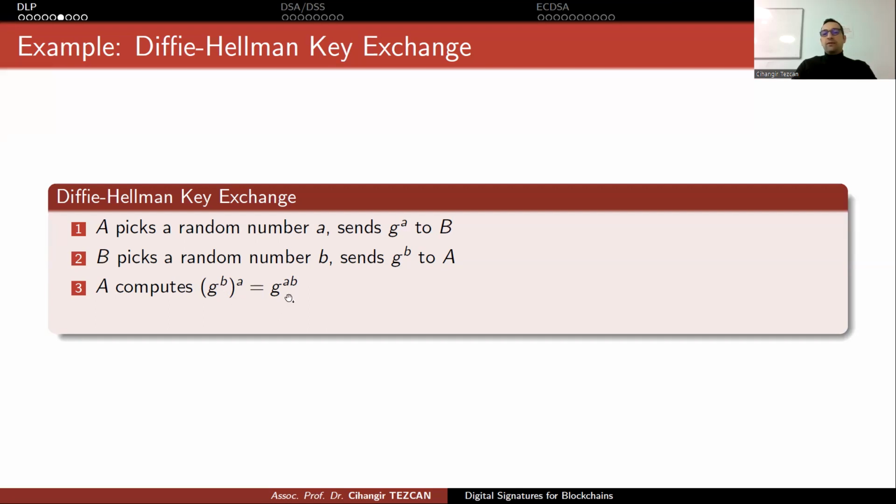So she ends up with g^(ab). Bob does a similar thing because Bob received g^a from Alice, and b is randomly selected by him. So he can calculate the b-th power of g^a, and he ends up with g^(ab). As you can see, both sides agreed on the same thing. Now they can say that, okay, this can be like a 3,000-bit value. They can say let's use the first 128 bits for encryption.